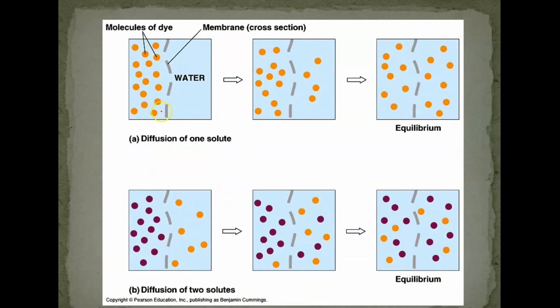We start with lots of high concentration here to low concentration, and we're going to see that movement slowly occur until we have that equilibrium. Same thing if there's multiple solutes, both of them are going to want to equal out on both sides. So we'll move some purple over here, and we'll move some orange over here, so we have an equal amount of purple and orange dots on both sides.